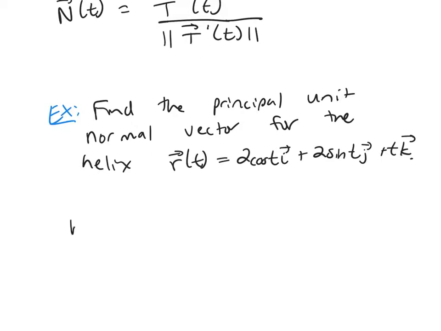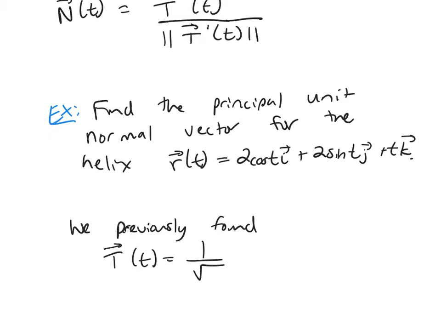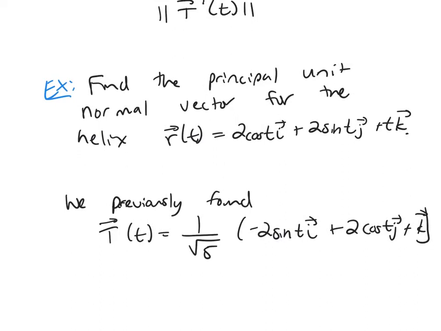I'll just say we previously found T. It's 1 over the square root of 5 times minus 2 sine t i plus 2 cosine t j plus k. So now, if I'm asked to find the principal unit normal vector, I need to find the vector N.